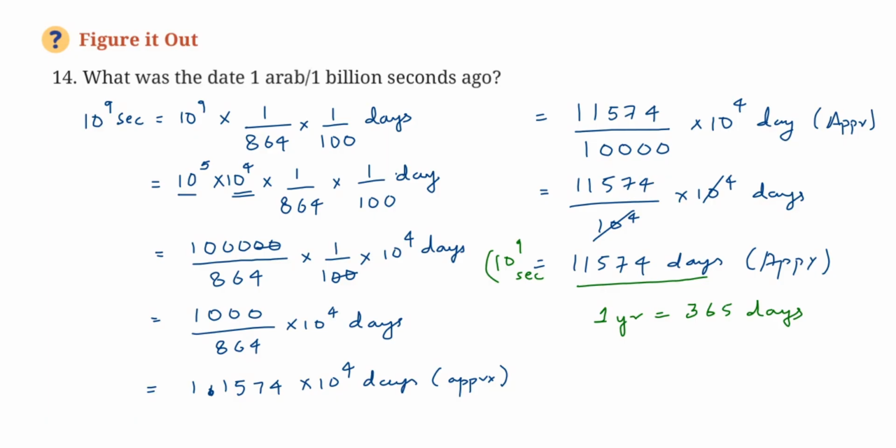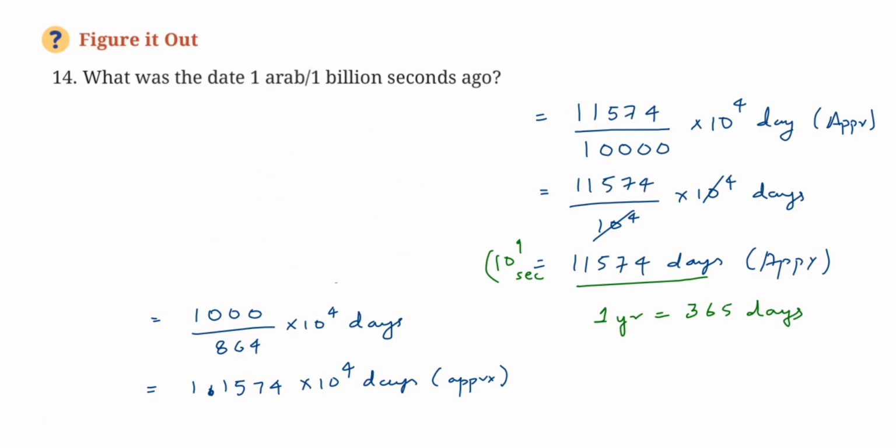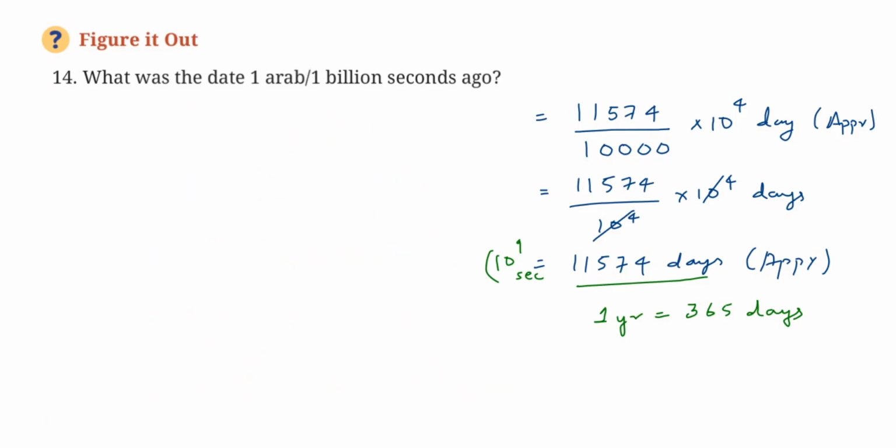Now I'm converting these days to years. When you convert this to years, you have to divide this by 365. So 10 to the power 9 seconds is equal to, when you're converting this to years, you have to divide this number by 365 days, right?